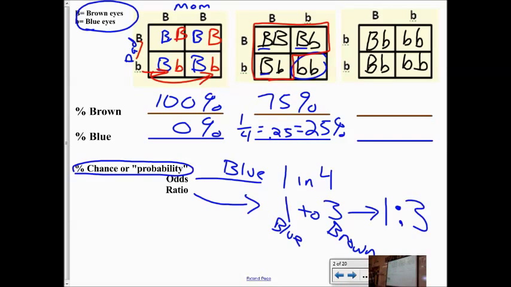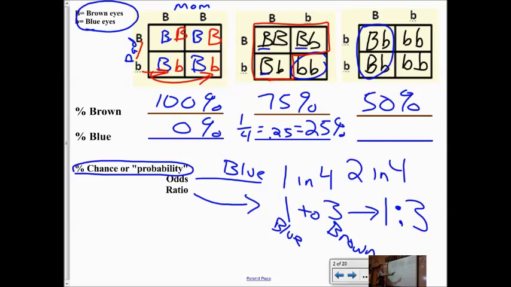Okay, let's do the last one over here. So, in this one, what's the chance, the probability that we'll have a brown-eyed child? 50%. So half of those, 50%. So we would say, how many in 4? 2 in 4. Although that looks kind of weird, we probably reduce that to 1 in 2.